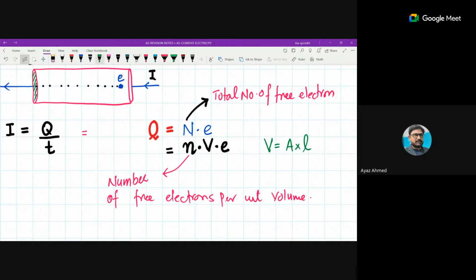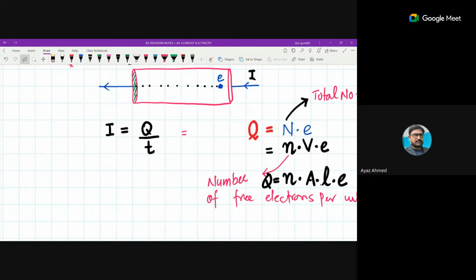So your equation will now be formed as the number of free electrons per unit volume into the area of cross section of the wire into the length of the wire into e. So actually, this is now the total charge in your wire. Got it?